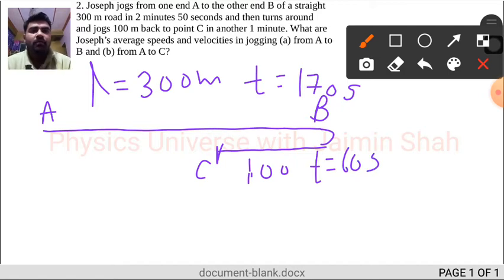What are Joseph's average speed and velocity in jogging from A to B? So first we need to find A to B, average speed and velocity both.